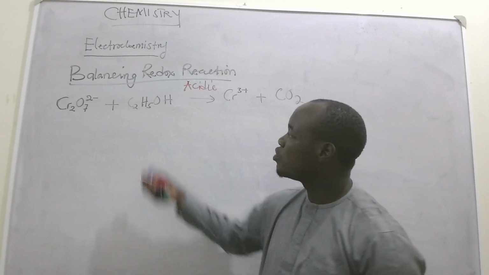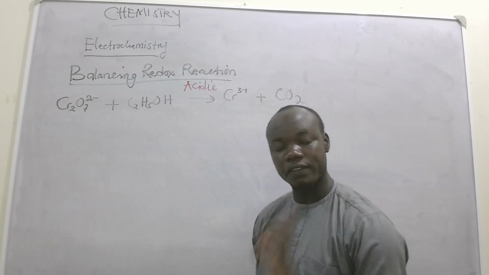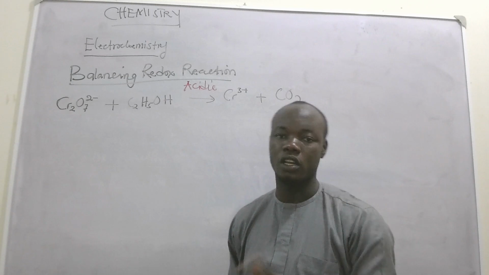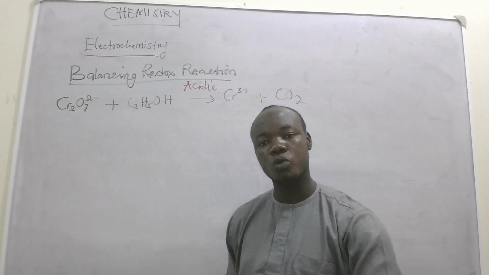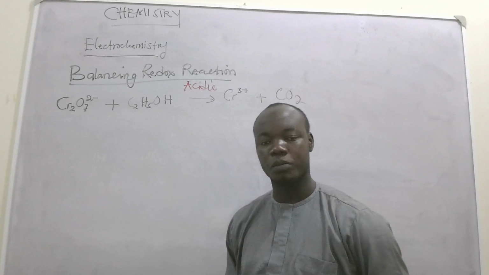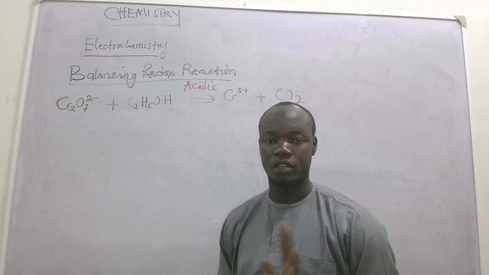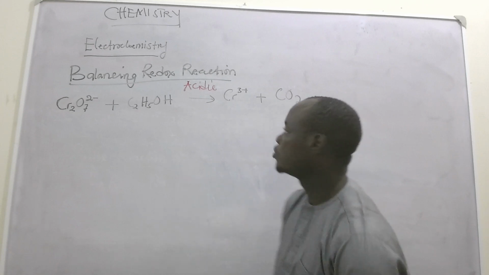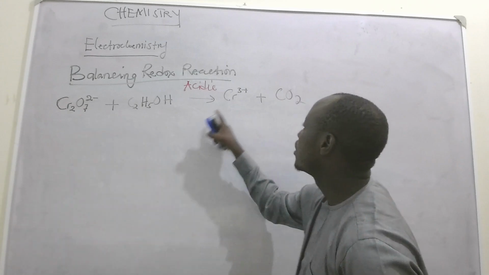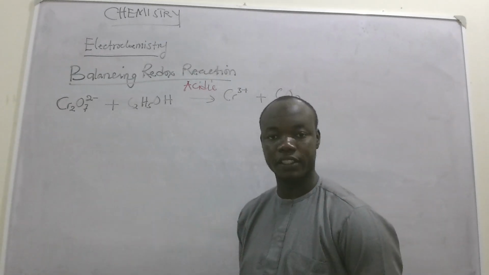So if you have the equation, first you need to identify which one undergoes oxidation and which one undergoes reduction, and then you split them into 2 half equations. So now let's start with the equation first.